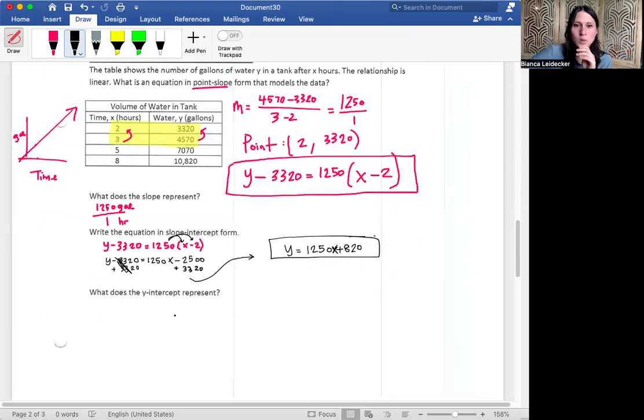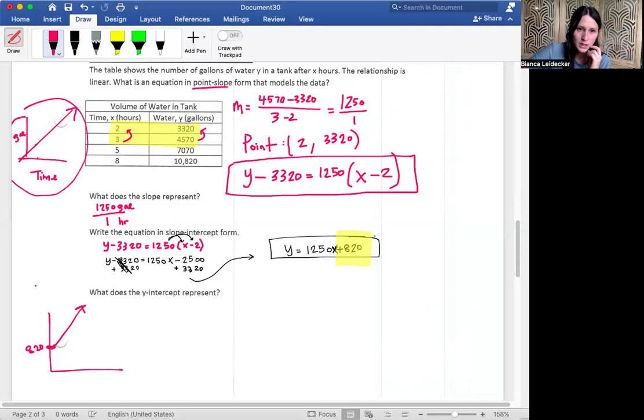And then the question says, what does the y-intercept represent? So what does this 820 represent? If I were drawing on the graph, that's where my line is going to start. It's not starting at 0 like I kind of estimated over here; it actually starts at 820. Remember, the y-axis units are gallons, and the x-axis is time. So at 0 time, it's at 820 gallons.